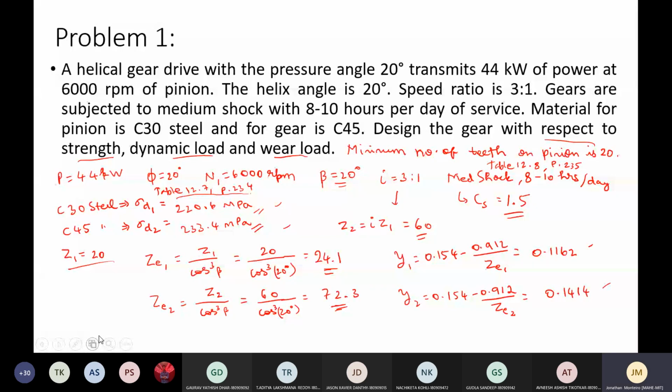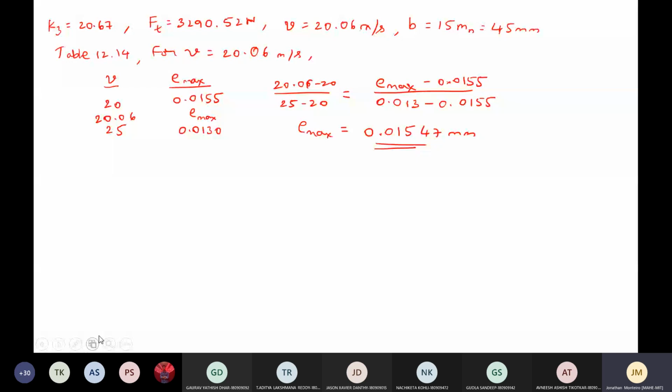Now with this value, we don't have any table as such. If you go to refer table 12.13, module starts from 4 mm.